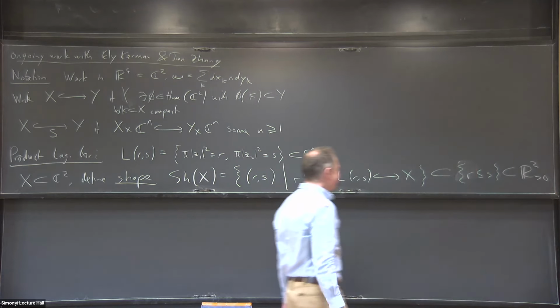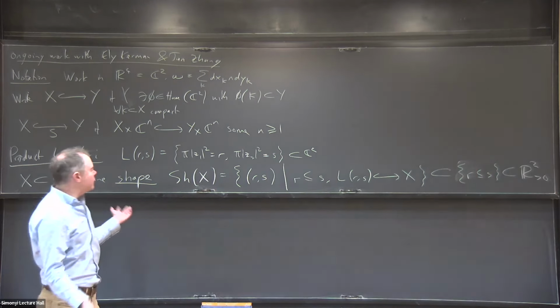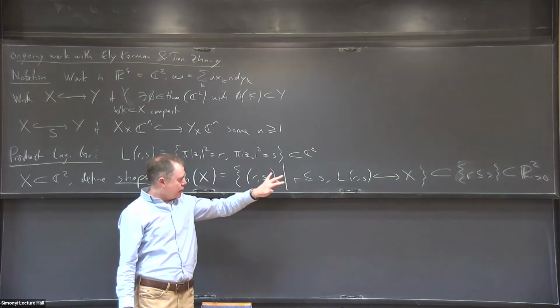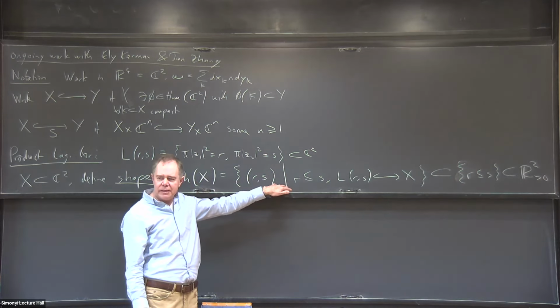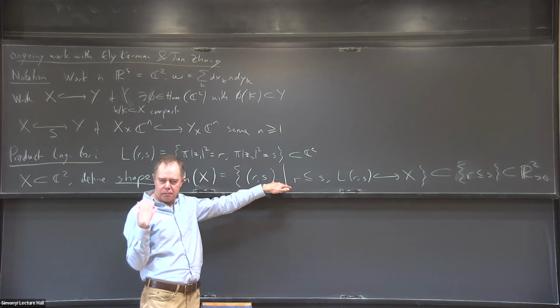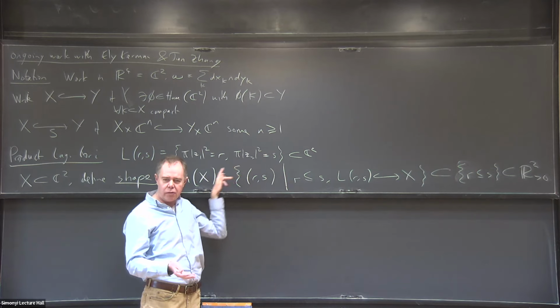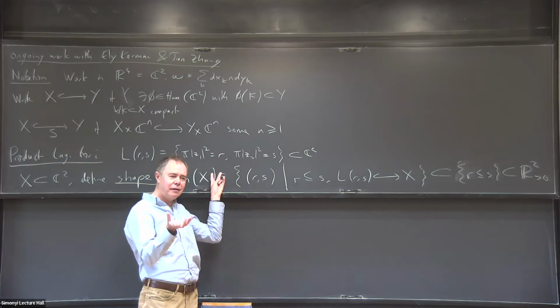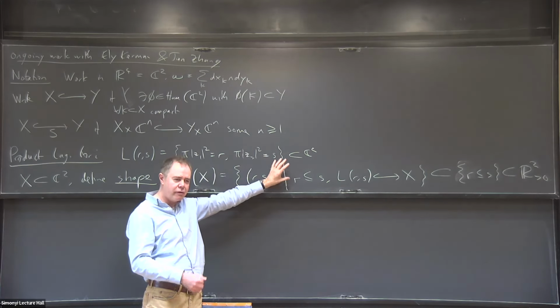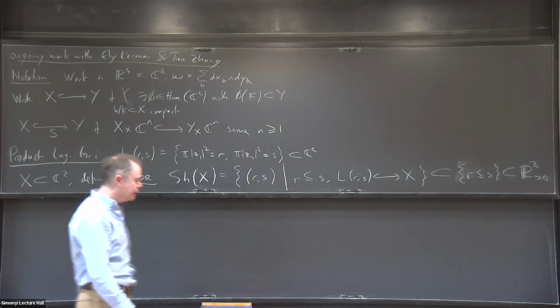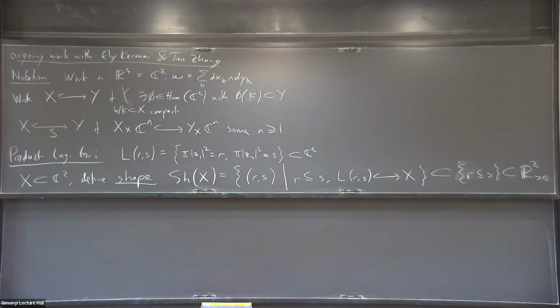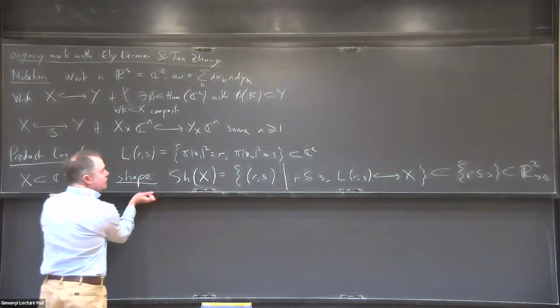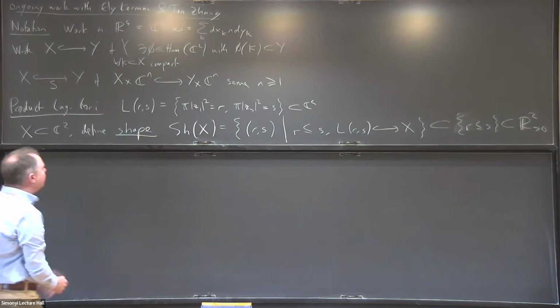So in other words, this is the Hamiltonian isotopy classes of Lagrangian tori inside X. Okay, so we're calling this the shape.